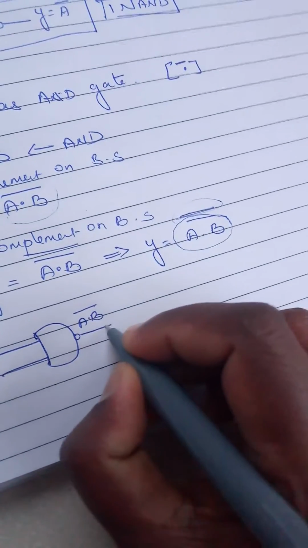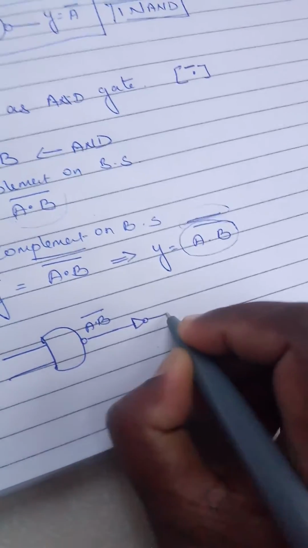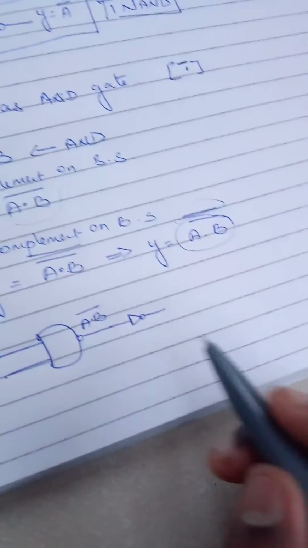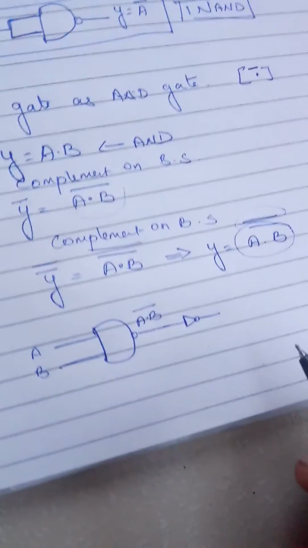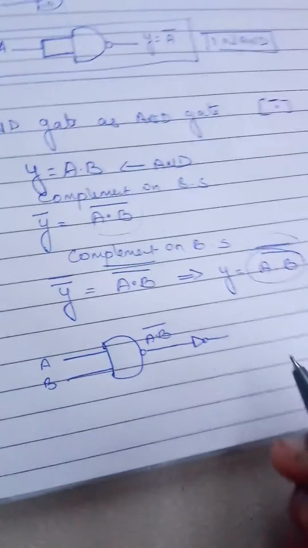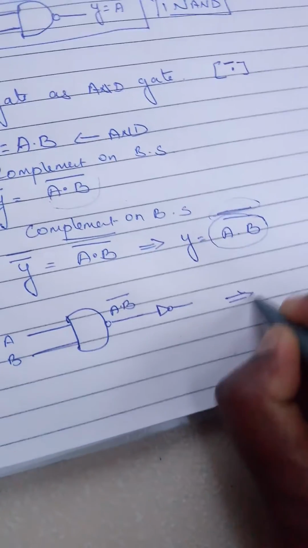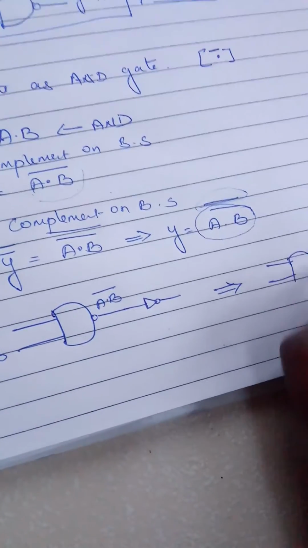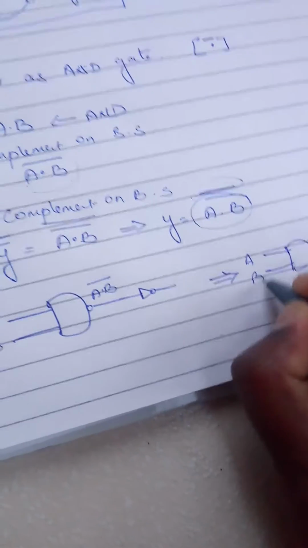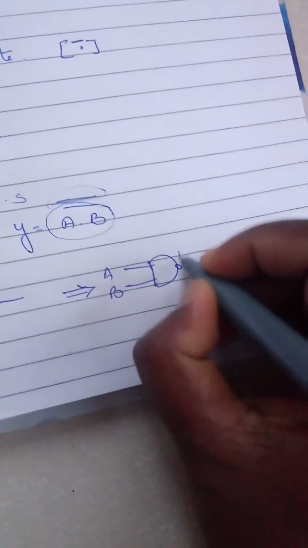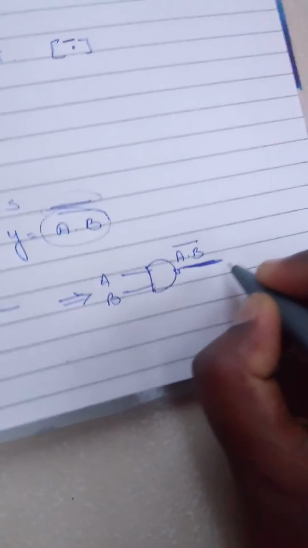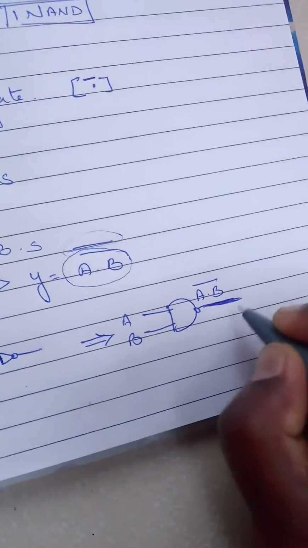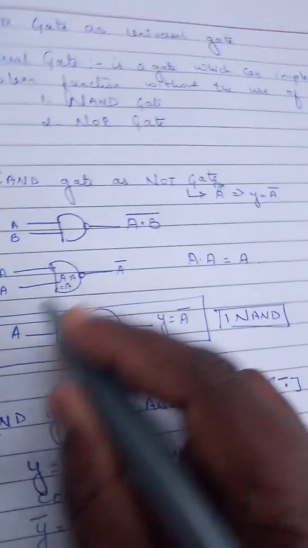This can be done by using a NOT gate, but we know that whenever we are implementing NAND as universal gate, the gates to be used are only NAND gates. So this can be replaced by A, B, a NAND gate, (A dot B) complement, where a NOT gate can be implemented using one gate. That is our first example.